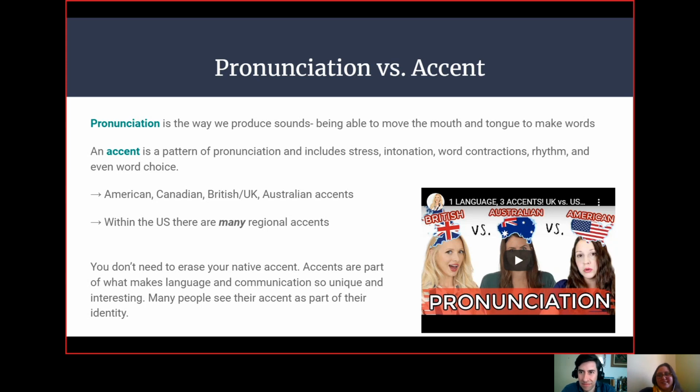You can tell if a person speaking English is originally from Argentina or Mexico or China. But what we need to pay attention to is when accent gets in the way of understanding. So if the accent is too heavy, we might need to work on a little accent reduction. But accent isn't a bad thing.